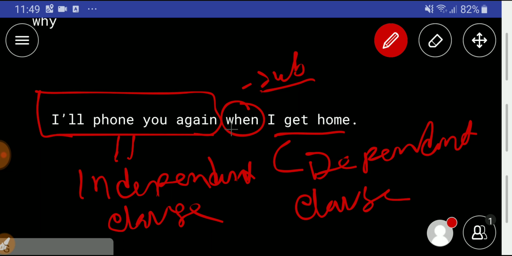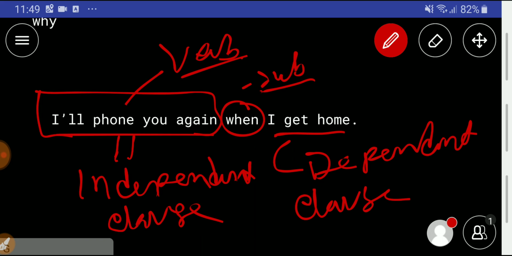This is a complex sentence because here "when" is a subordinating conjunction, and "when I get there" is an adverbial clause of time. It is modifying the verb "phone." Here "phone" is a verb.